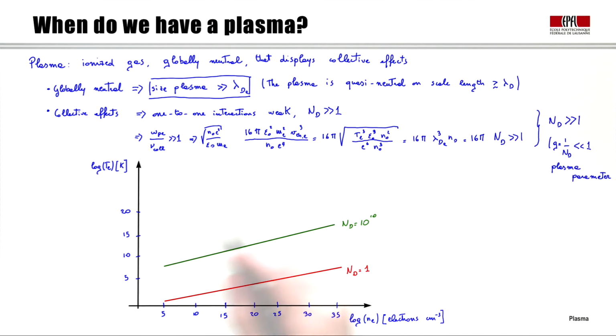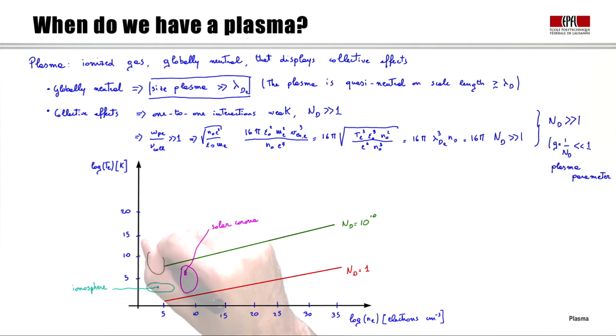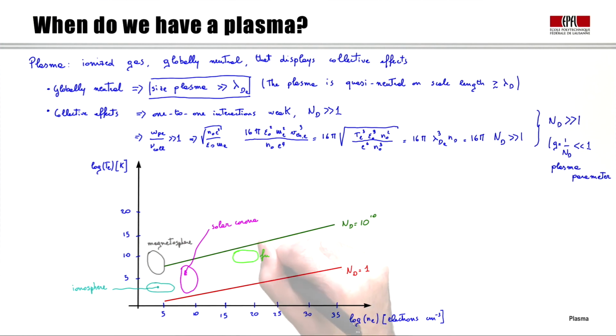And in this part of the plane, we can find all the plasmas we know in the universe. The solar corona, for example, will lie in this region. Plasmas in the ionosphere are located here in the phase space. Magnetospheric plasmas are here. Plasmas used for fusion application lie in this region.